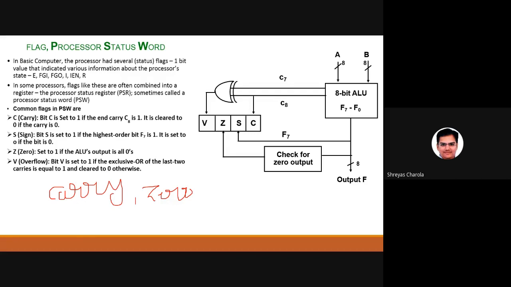If there is an arithmetic or bitwise operation, then the zero flag is always affected. Whenever you perform an arithmetic or logical operation, and if the value of the accumulator is 0, only at that point will the zero flag be set to 1. Otherwise it will be set to 0. Okay.